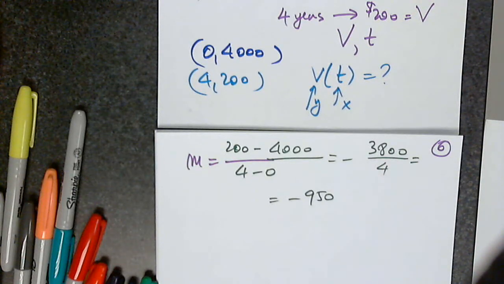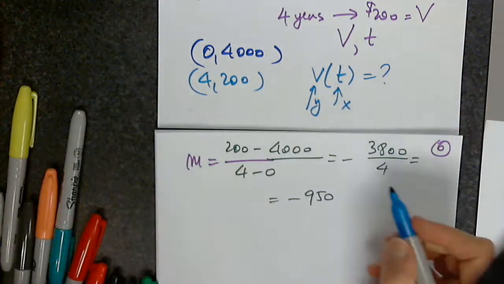Without the measurement unit, this means nothing. So the measurement unit for the slope must be a ratio of 2 measurement units, one coming from the top and one coming from the bottom. Value. So what is the value measured in? Dollars. What is the time measured in? Years. So this is the correct answer.